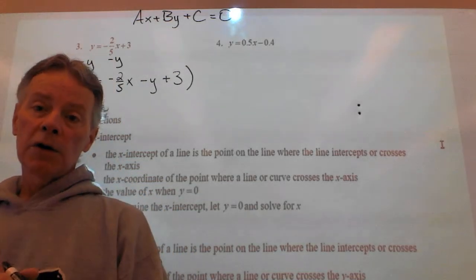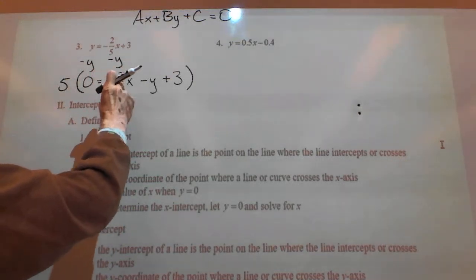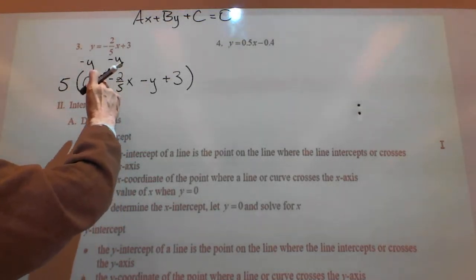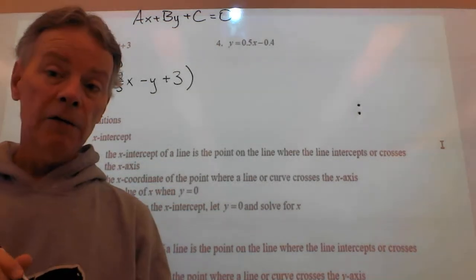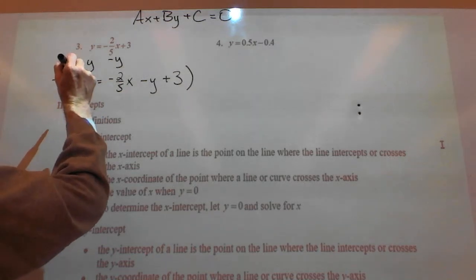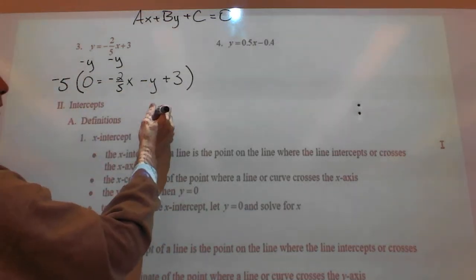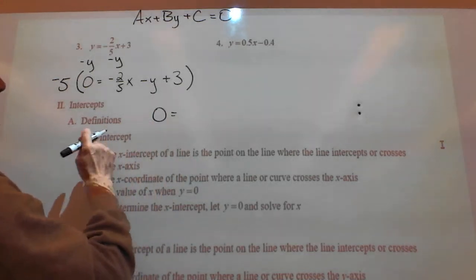And this time, in order to get rid of that negative sign on the fraction, we multiply everything through by negative 5, and look what happens. Negative 5 times 0 again gives us 0.